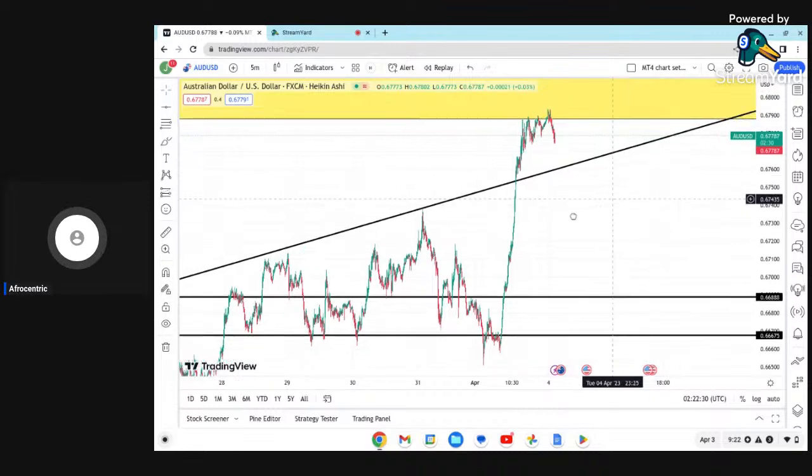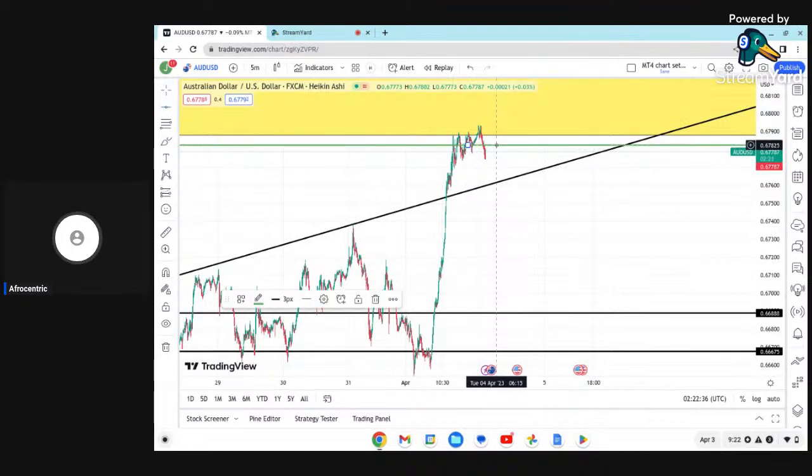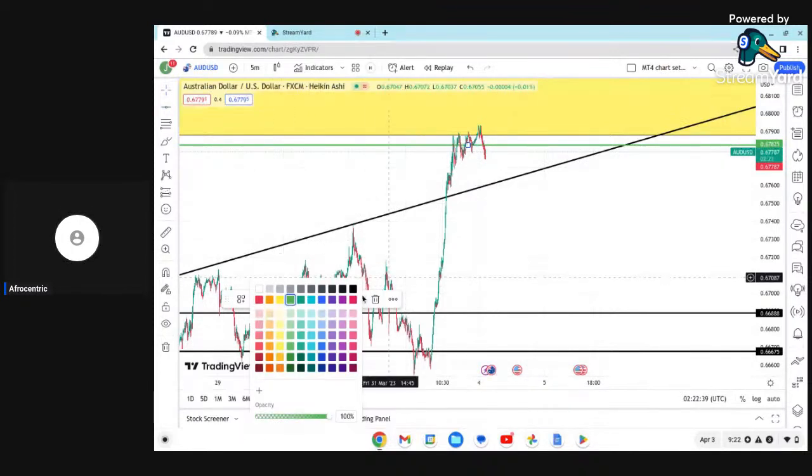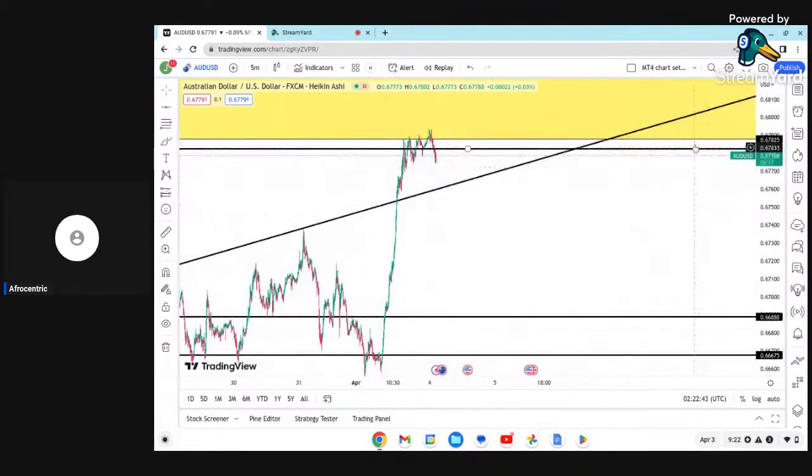So for AUDUSD, if you wanted to get in or set a limit order, I'm thinking here at 67825.